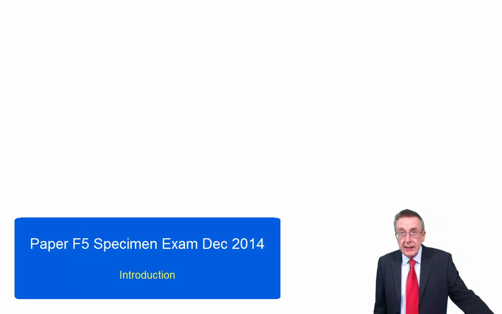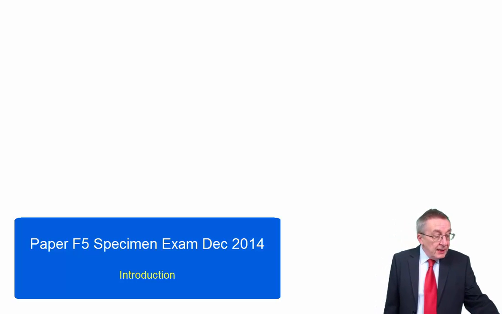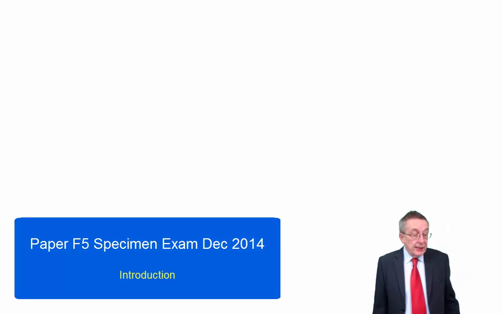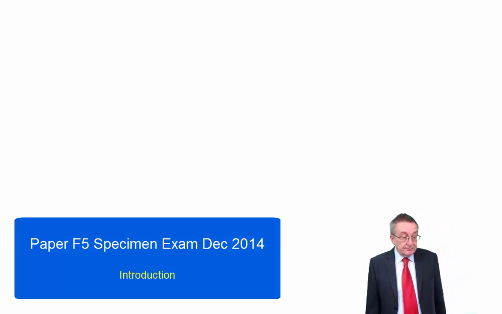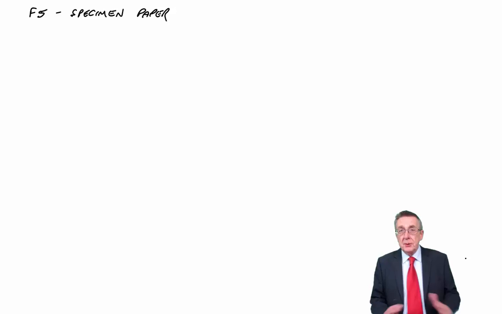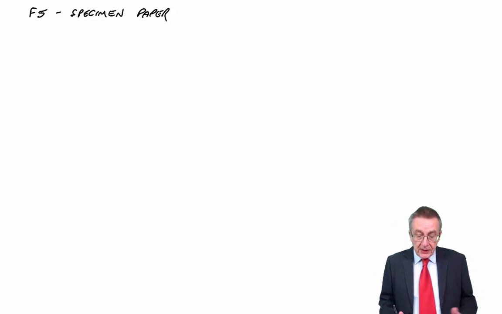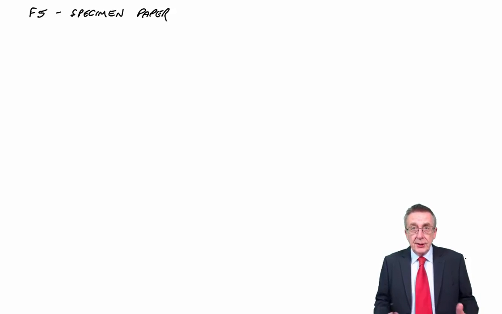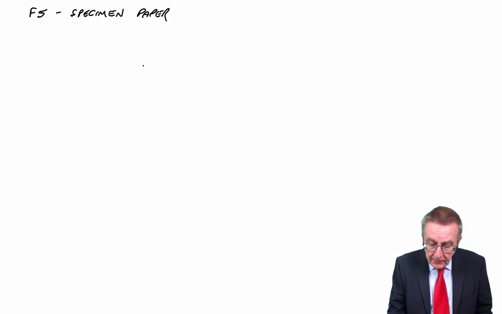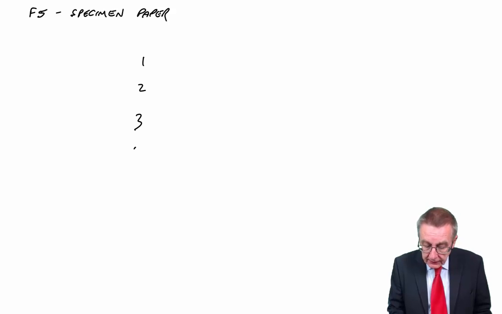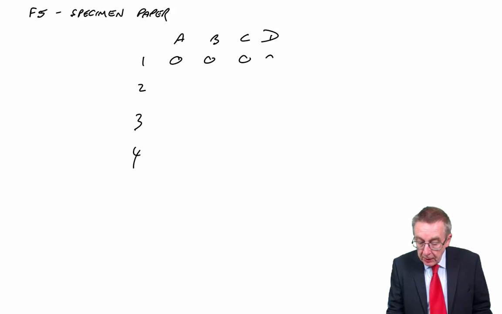As far as the multiple choice section is concerned, do make sure you're clear about the bit at the very top of the question paper. It says, please use the space provided on the inside cover of the answer booklet. You're given an answer booklet to do your answers in, but the multiple choice you must fill in on the page that's allocated, because there'll be a page with all the question numbers down the side, and against each of them, 4 blobs.